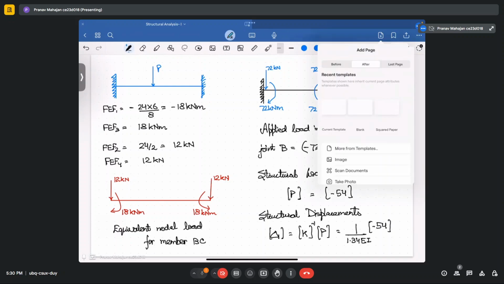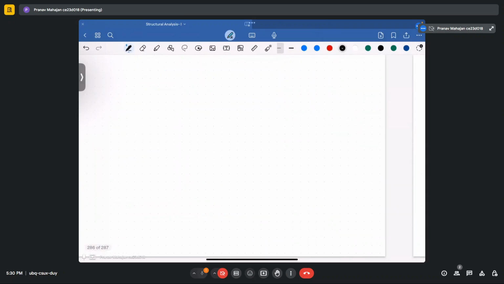So by this you will get delta 1 equal to minus 40.3 EI. So since it is negative, that means it is in anti-clockwise direction. Okay. So how you are determining the element stiffnesses, that now we will see.